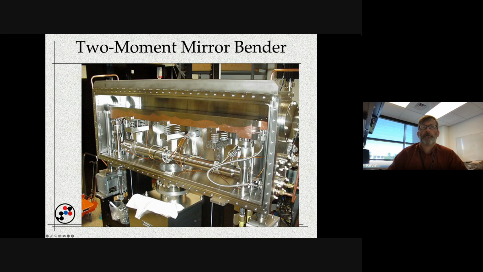Then you've got these little springs in the middle to help keep it from sagging too much, because you can definitely see gravitational effects that will affect how the mirror bends.